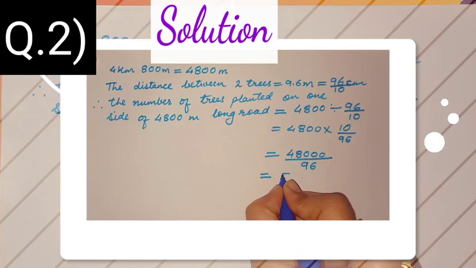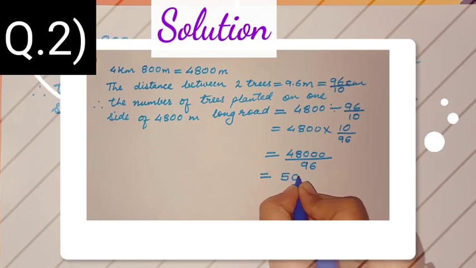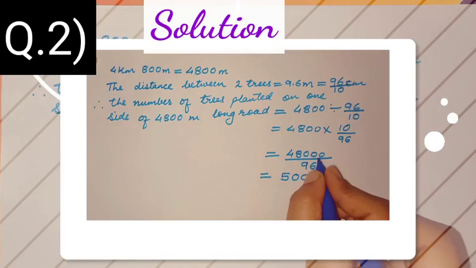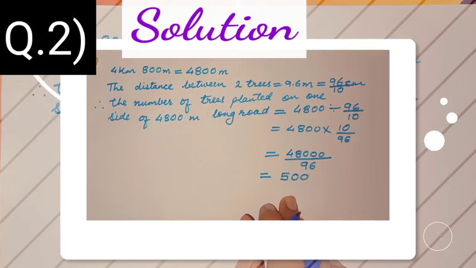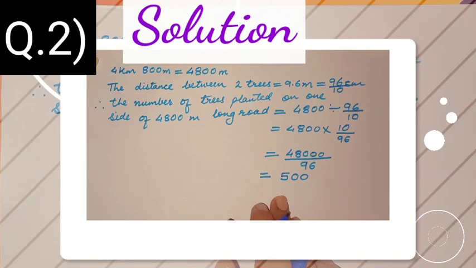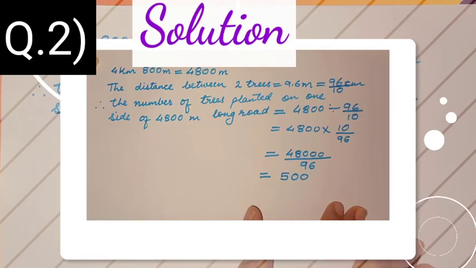Ninety-six fives are 480 and 0. We'll divide it by 96. So the answer is 500. Means 500 trees are planted.